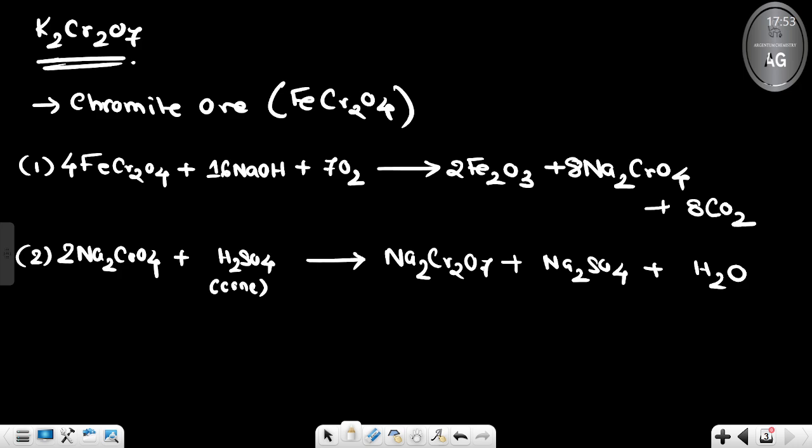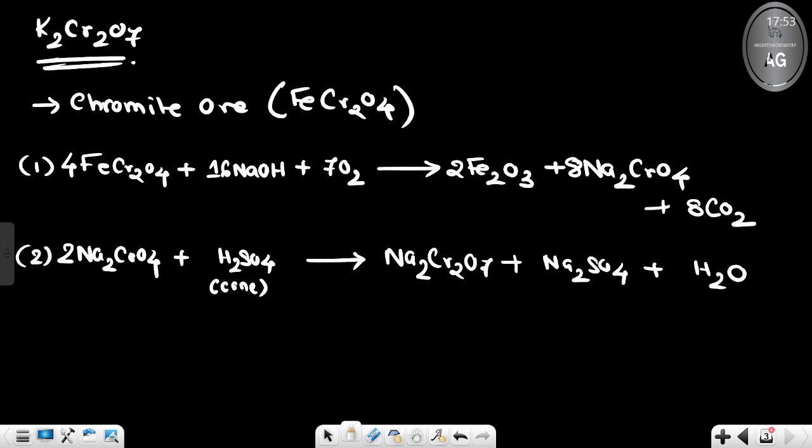So in the first step, from the chromite ore, we react it with 16 NaOH plus 7 oxygen, and we get Fe2O3 plus sodium chromate plus carbon dioxide. In the second step, we prepare sodium dichromate: 2 Na2CrO4 plus concentrated H2SO4. Since sulfate is there, the product will also have one sulfate, that is Na2SO4, plus Na2Cr2O7 and water. Clear?